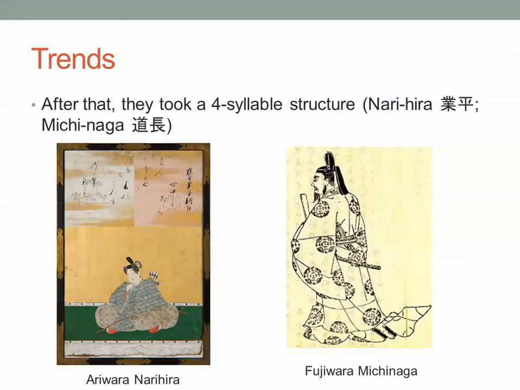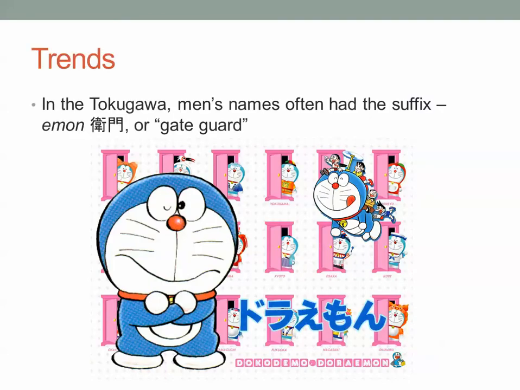After that period, men's names often took on a four-syllable structure, something like Narihira. We see Ariwara Narihira on the left, or Michinaga, Fujiwara Michinaga, both very famous courtiers from the Heian period. And in the Tokugawa, men's names often had the suffix emon.